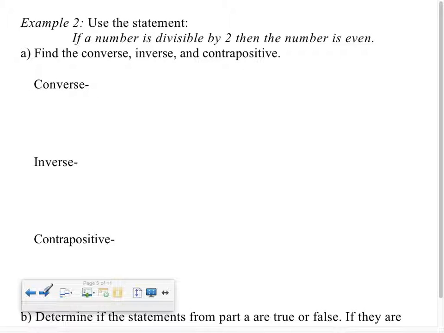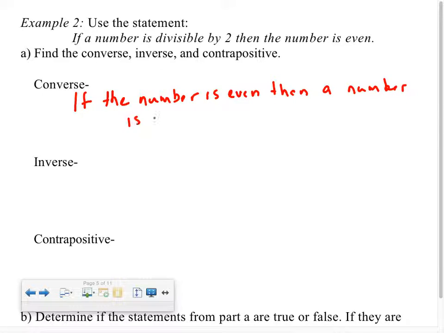All right, next example. If a number is divisible by 2, then a number is even. So, converse is, if the number is even, then a number is divisible by 2.